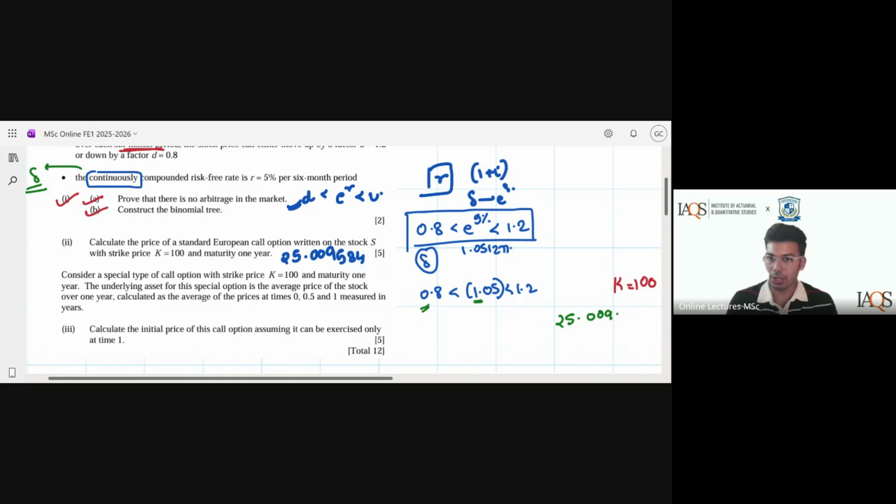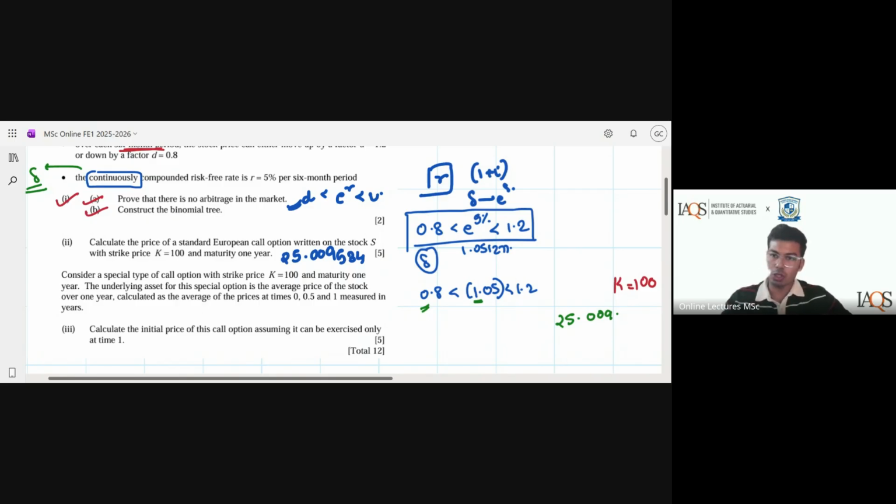So now they are saying that the strike price is K, but the other value to compare against is not the maturity ST, but the average ST of 0, 0.5 and 1. Calculate the initial price of this call option, assuming it can be exercised only at time 1. That means it's like a European option.